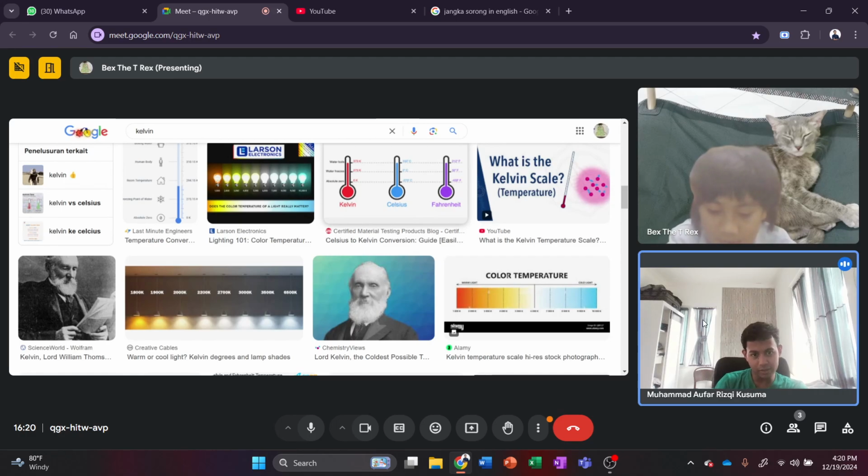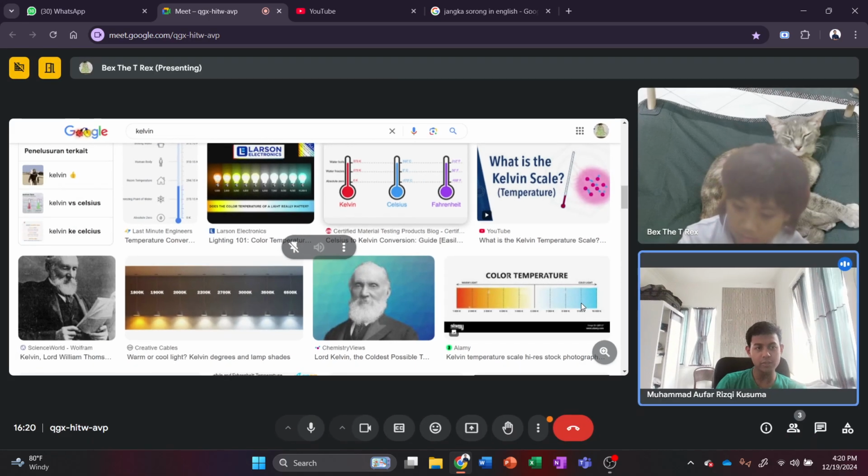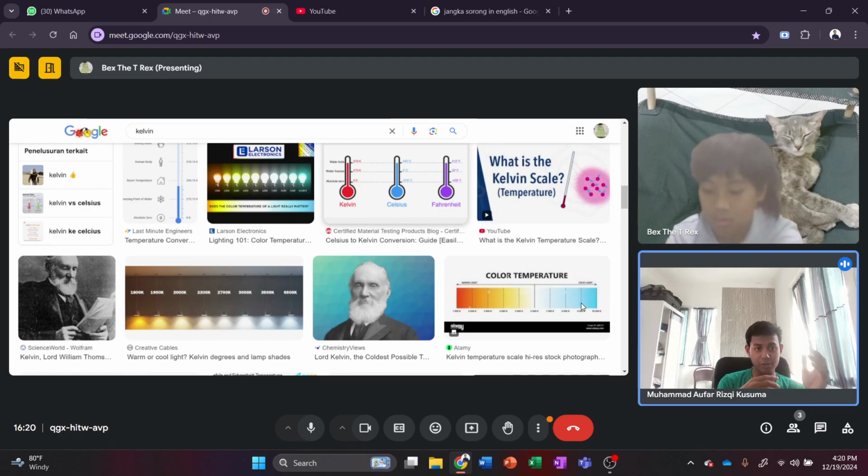If you see the picture on your screen, one of those is color temperature, if I'm not mistaken. So blue is rated as one of the most efficient fires that exists because it has a higher temperature.